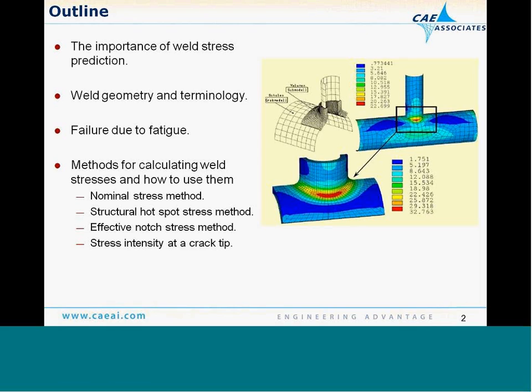And in order to evaluate fatigue failures, we need to know something about the stress state in the welds, and there's 4 different approaches that we can use to determine the stress state in the weld.